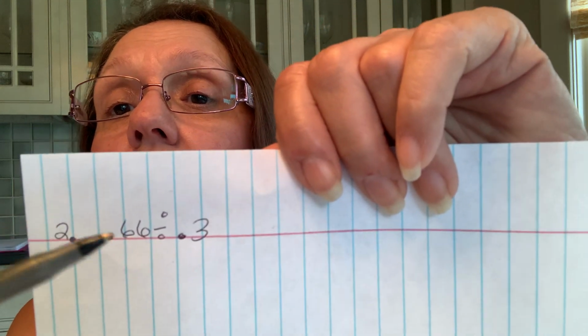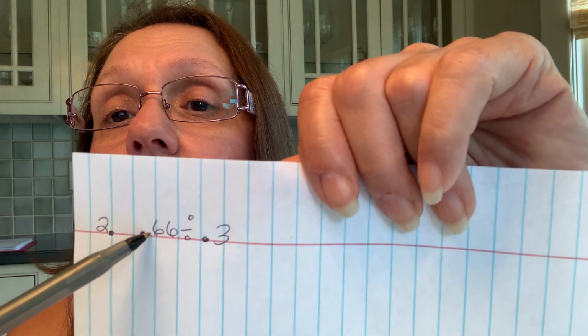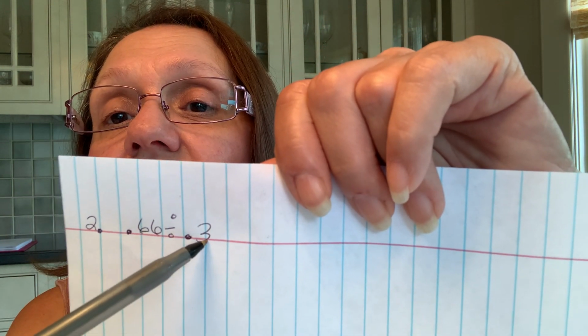The size, the value of the number does not matter. It's the position in the equation that tells you which one is which. This is your dividend right here. This one is your divisor. This is the one that goes outside the box.